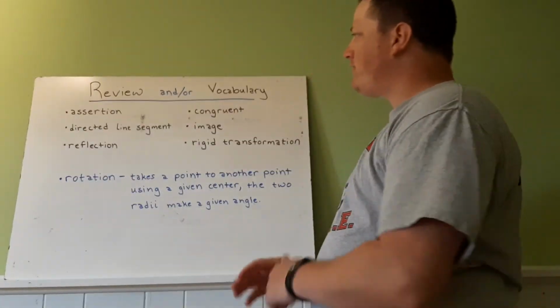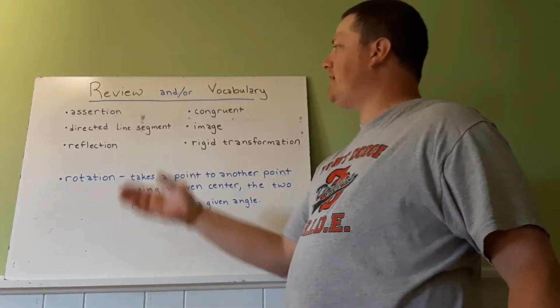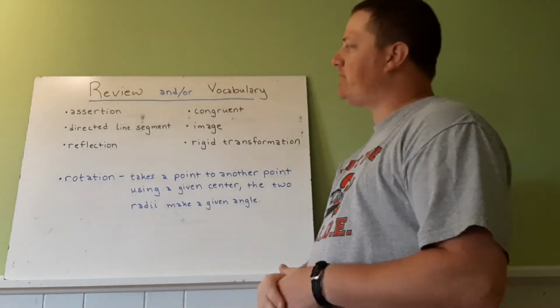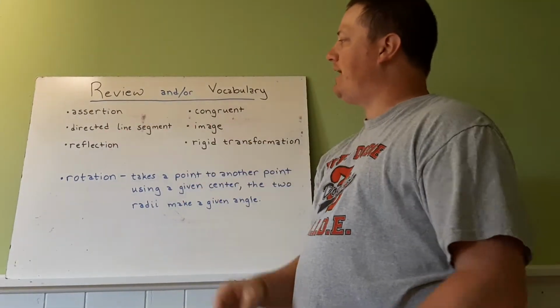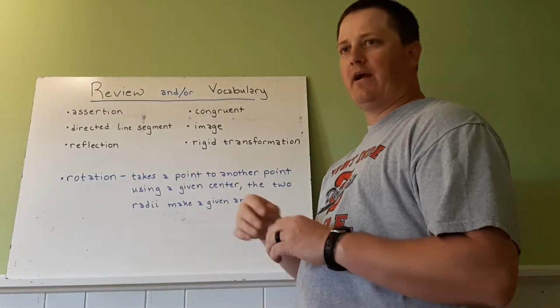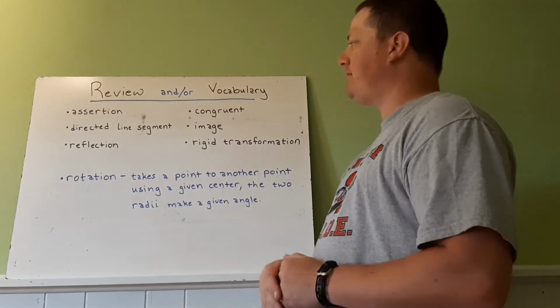All right, some vocabulary. We have our 6 words that we've been using a lot of lately. Assertion, so something that hasn't been proven. Congruent, when things are equal. Directed line segment, remember that's a segment in a specific direction with an arrow telling you the direction, and the endpoints tell you the distance.